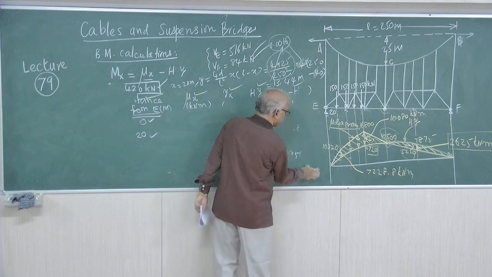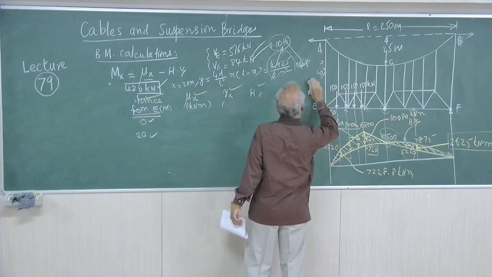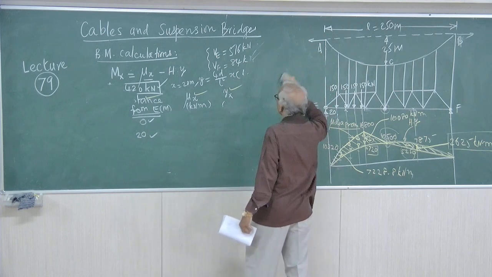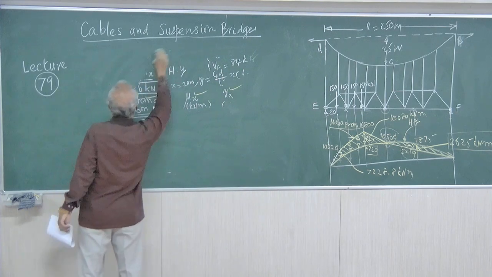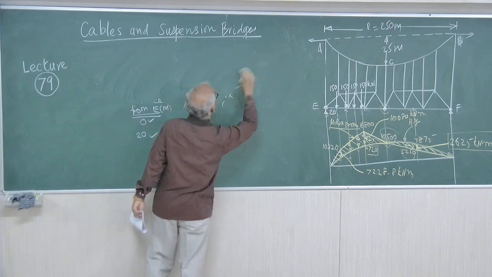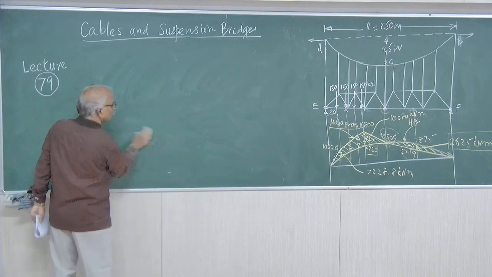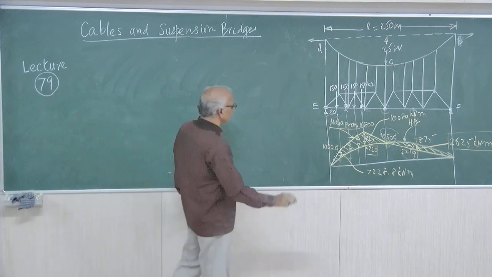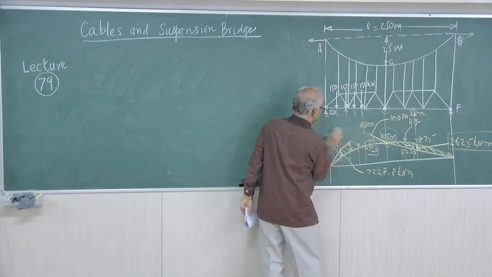If you know the formula mu x minus h into y, the meaning of mu x, the meaning of h into y, and how to find out the values of y at various points, then the solution will not be difficult. Systematically doing the calculation and plotting the values. So, that is about the bending moment diagram.